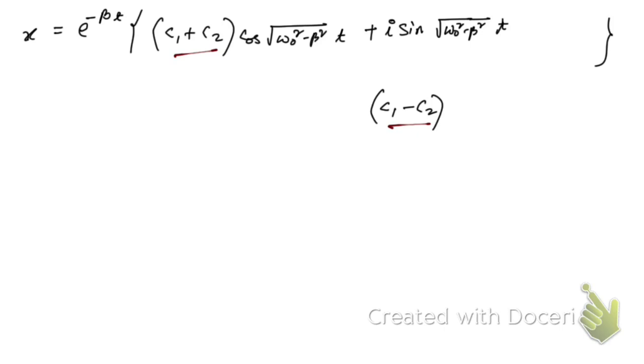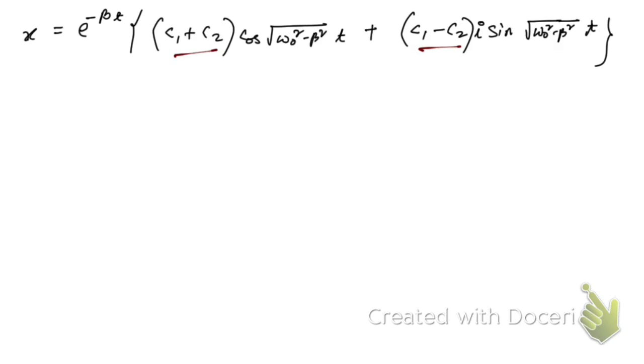Now let us consider that this is x of t. Let us say c1 plus c2 is equal to, suppose, capital A, and c1 minus c2 is, suppose, capital B. So then the above equation can be written in this form.